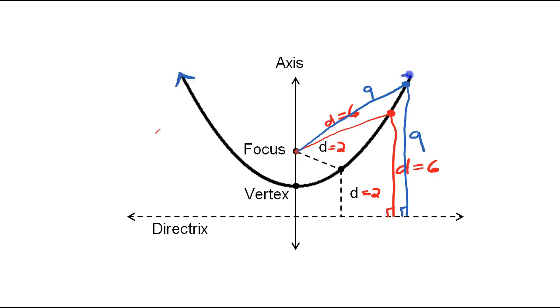And it goes on forever at both ends. Now, one thing to notice here, the distance from the focus to the vertex is actually the exact same distance as from the vertex to the directrix. It's going to be the same.